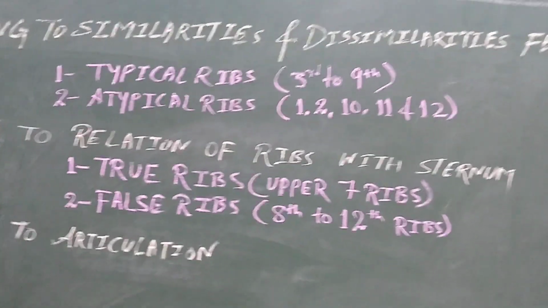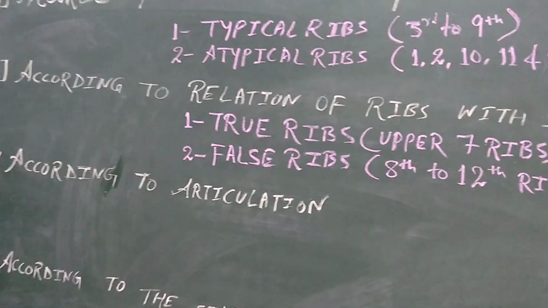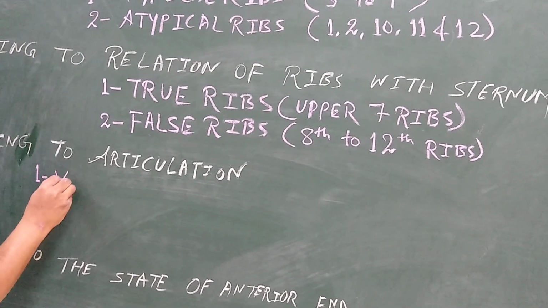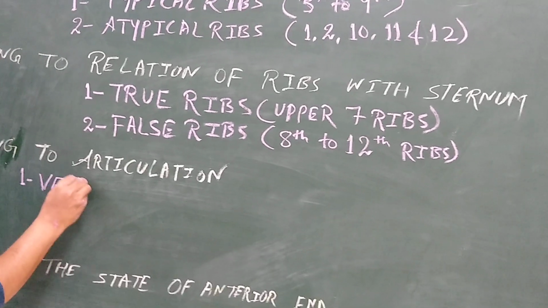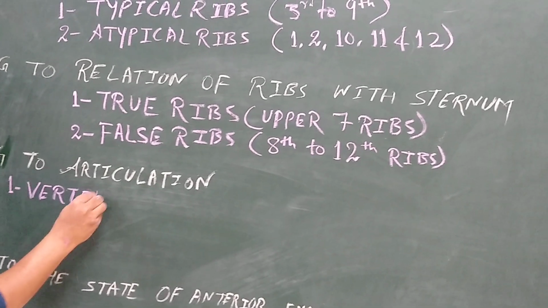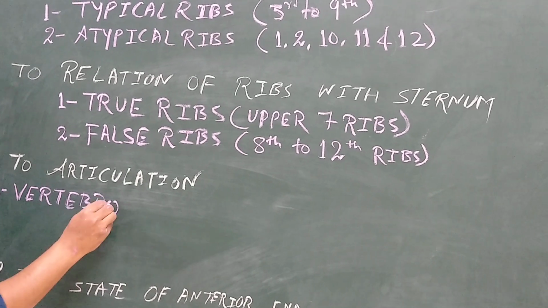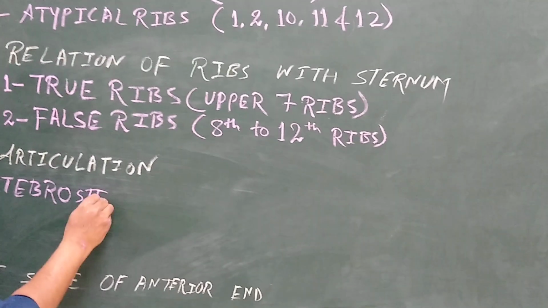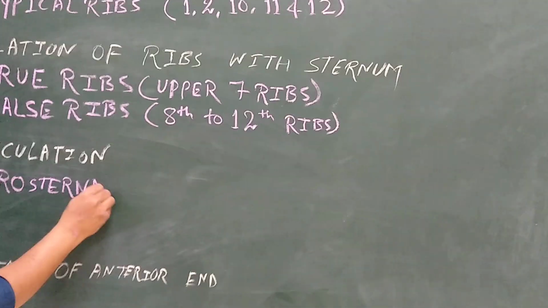Now, according to the articulation, these are of three types. First one is the vertebrosternal.